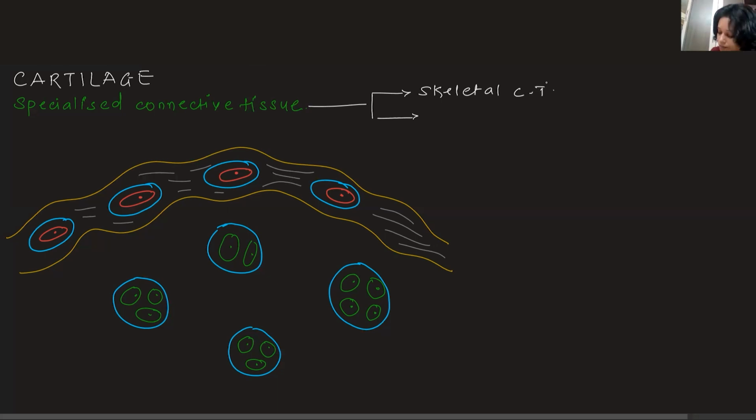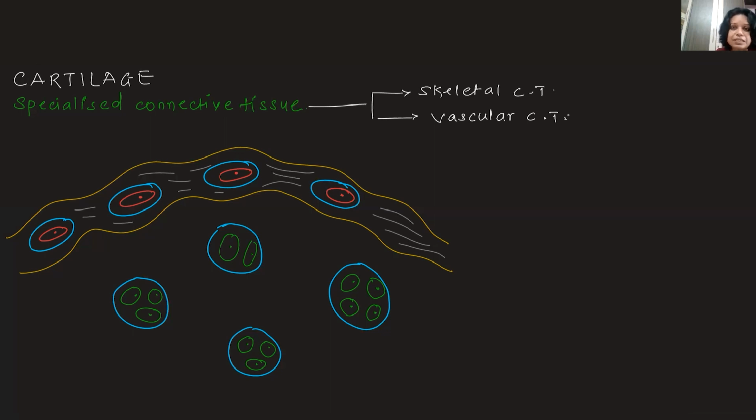and the other one is vascular connective tissue. Skeletal connective tissue, as the name indicates, is forming the skeleton of the animal body. Here we are learning two examples.